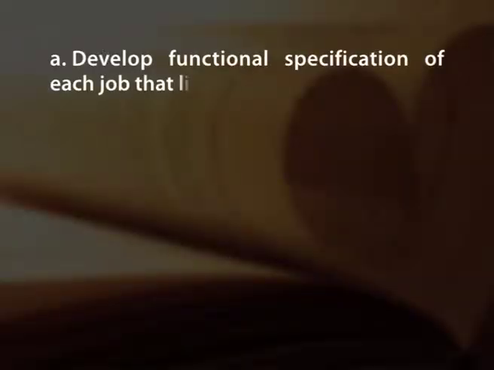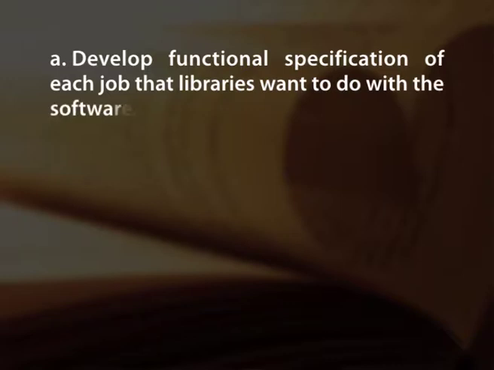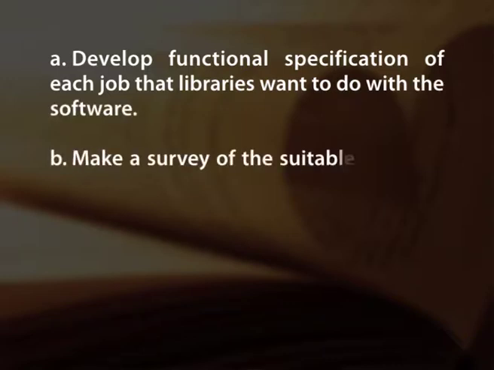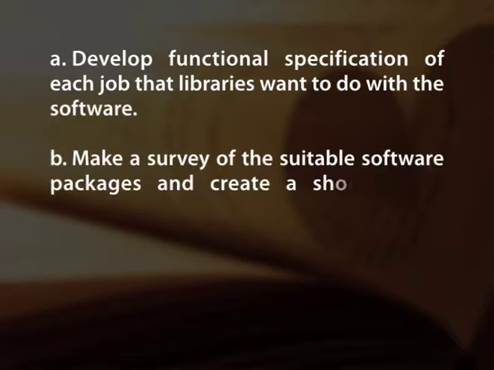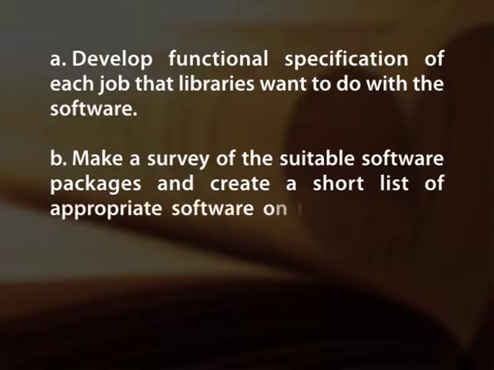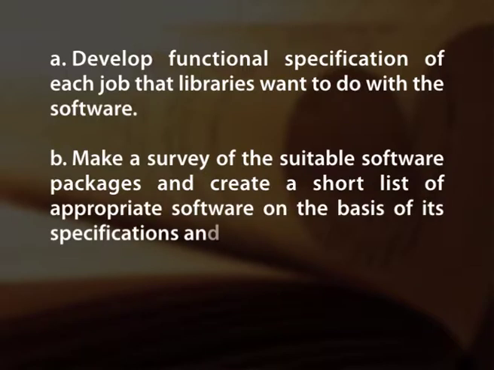Panwatkar in 2012 suggested the following criteria that may be adopted for identifying, evaluating and selecting software package for a library. Develop functional specification of each job that libraries want to do with their software. Make a survey of the suitable software packages and create a short list of appropriate software on the basis of its specifications and capabilities.